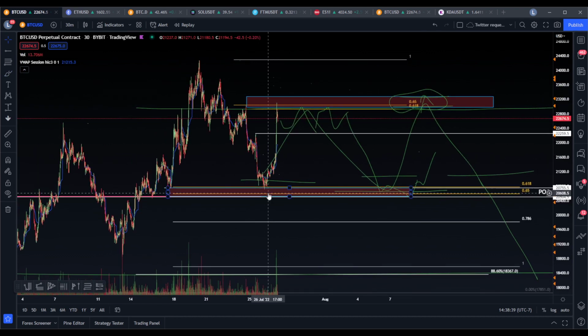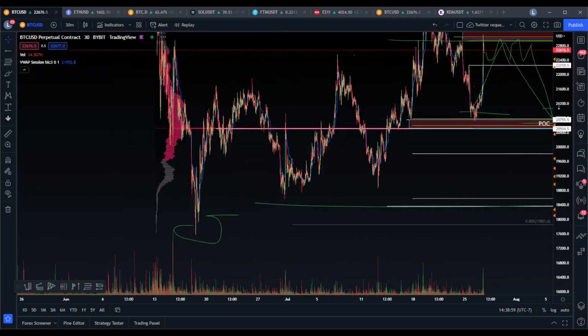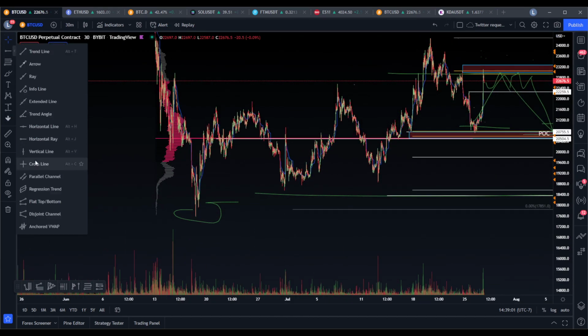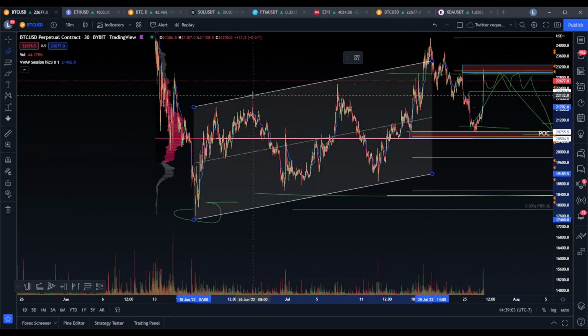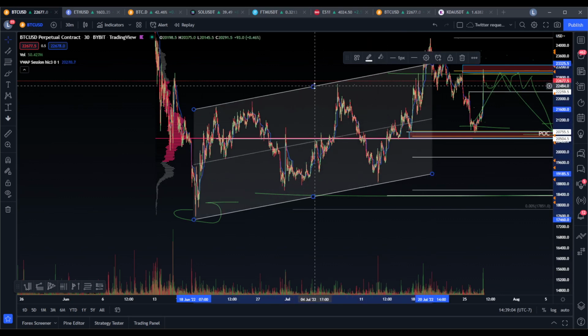And of course, no one's really expecting this, right? It doesn't mean that it will happen. It just means I'm longing here. I'm expecting something like this as more likely than not, and I'm expecting a rejection here is more likely than not. It doesn't mean we'll get one. And that's one thing that I'm pretty good at, having a pretty good read on the market. Like I longed this low exactly.